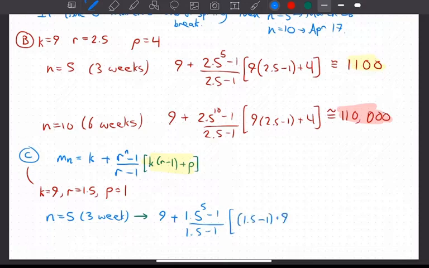And we're looking at 5 weeks. Plug that into your calculator, or if you're good at mental arithmetic, do it that way. You get a number which is about 81.